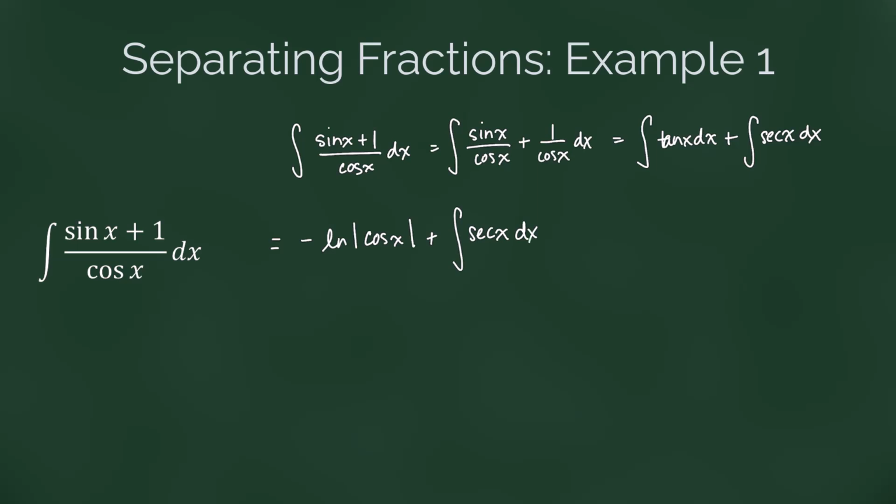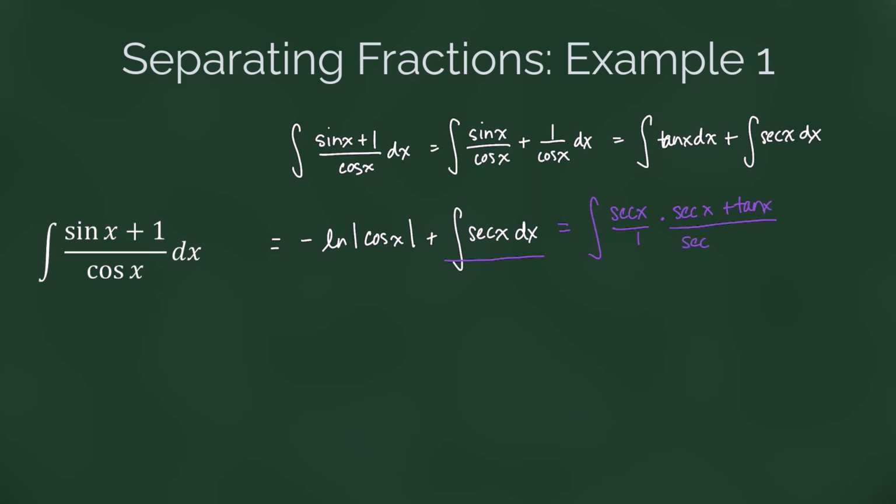Secant x, we're going to have to work a little bit harder to find the antiderivative of this one. It turns out that a trick of multiplying by 1 is going to be what does it for us. We know that secant squared of x is the derivative of tangent of x, and we know that secant x tangent of x is the derivative of secant of x.